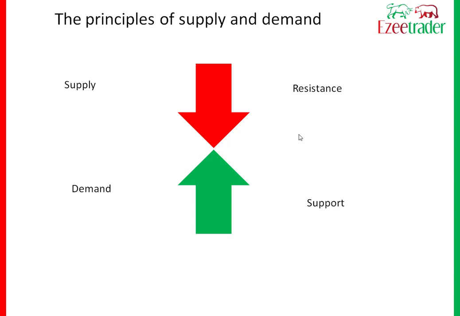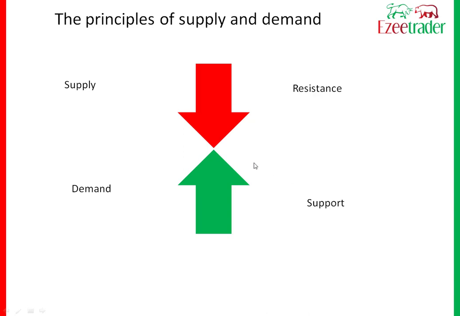Firstly, the principle of supply and demand, because when you're looking at an order book it's important to understand what you're looking at. If supply and demand are matched, we get equilibrium, so we get price not really moving. If we're running through a market and the price action is not moving too much, it suggests there are sufficient sellers and buyers just to keep that market in check.